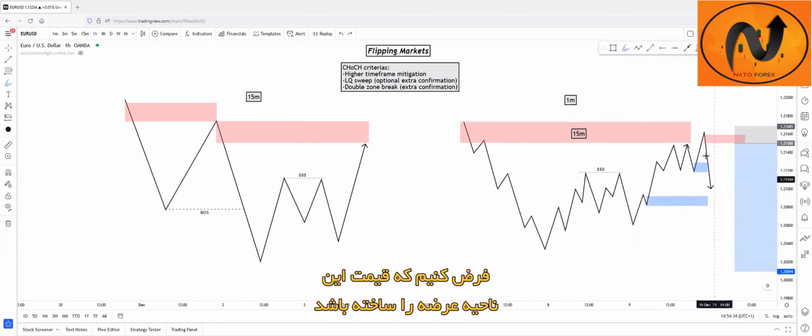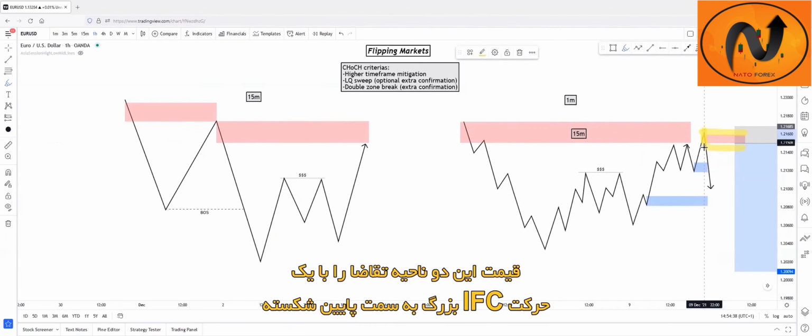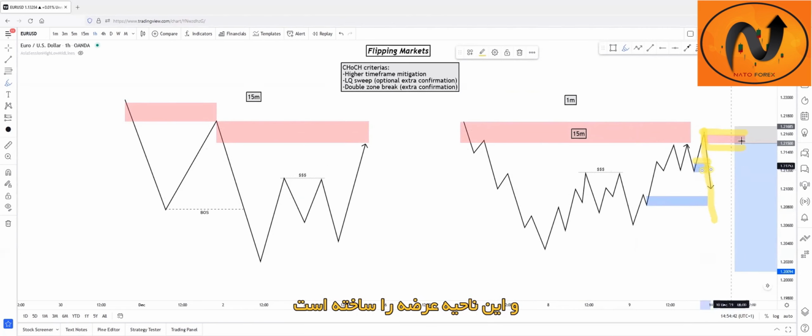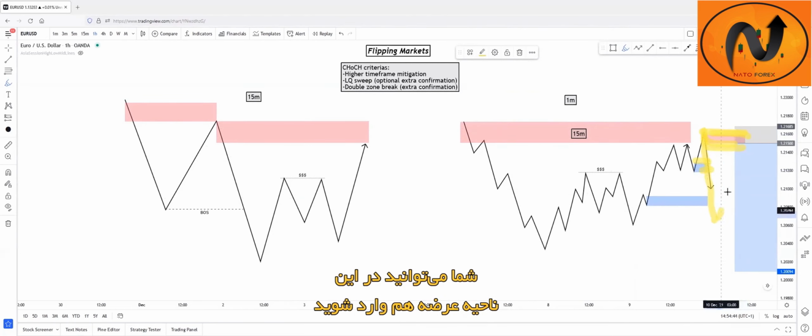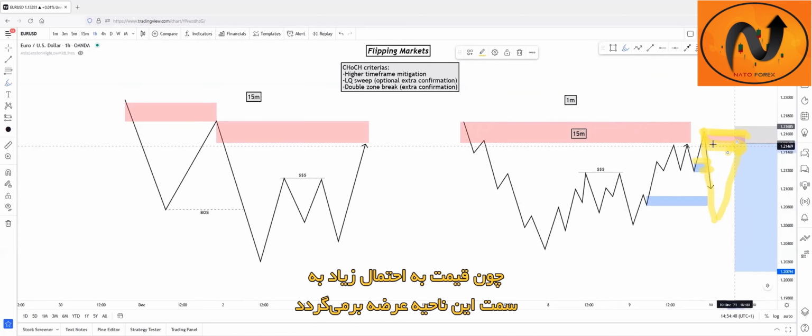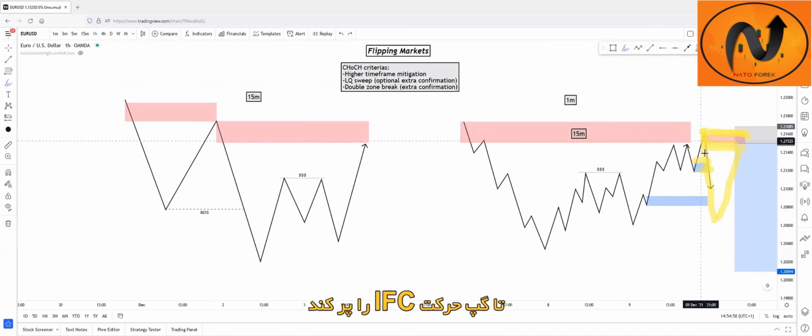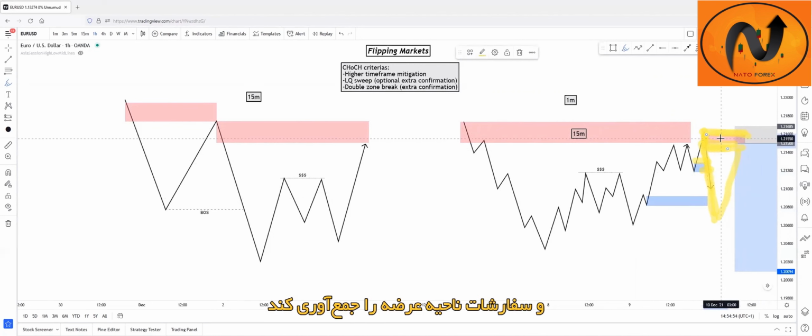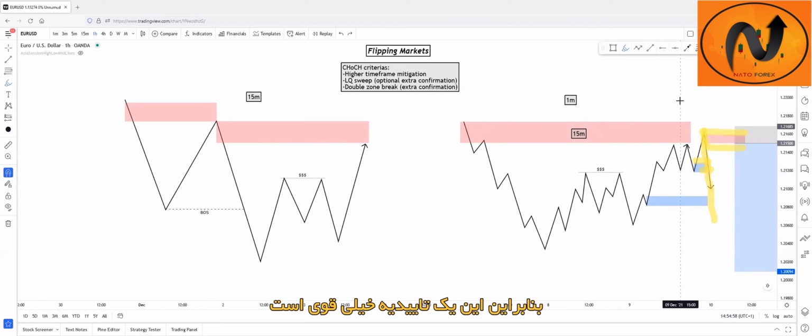And let's see, price only created this supply zone. It broke through these two demand zones with an inefficient huge push to the downside, and it created this supply zone. You can also enter on this supply zone because price will have a great chance to come back up to this supply zone and fill up the inefficiency, fill up the orders, collect the orders, tap the order block and the supply zone. So yeah, this is a really, really strong confirmation.